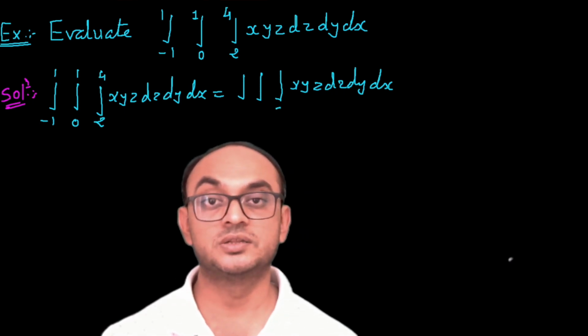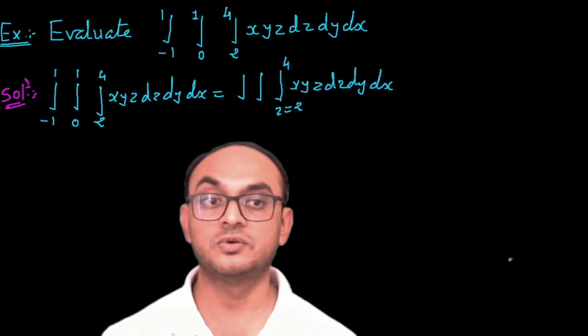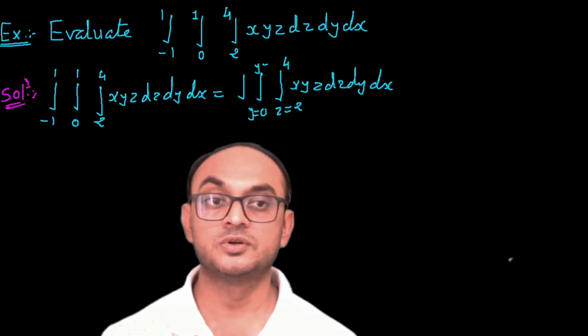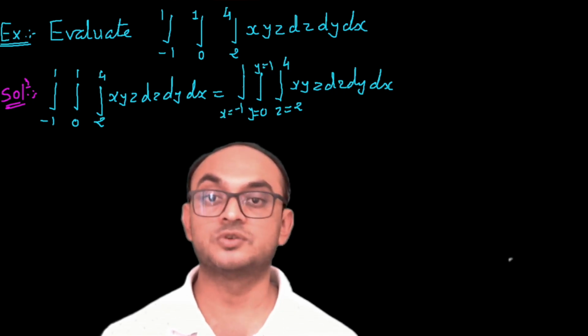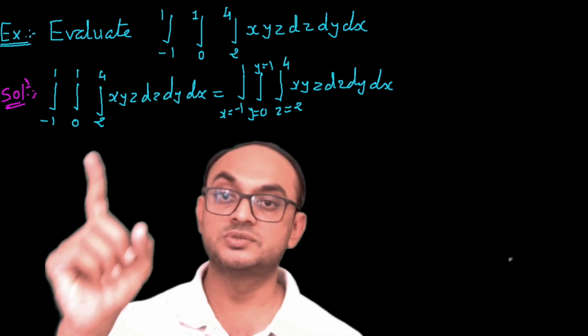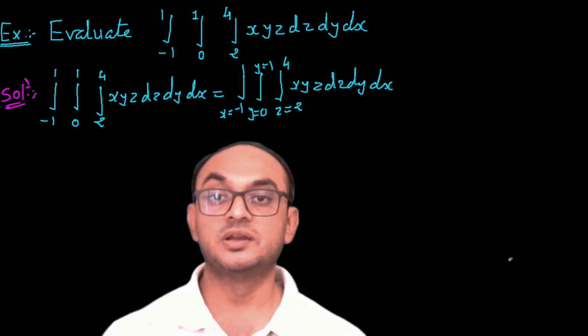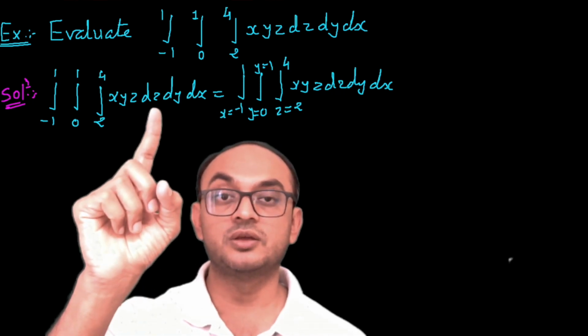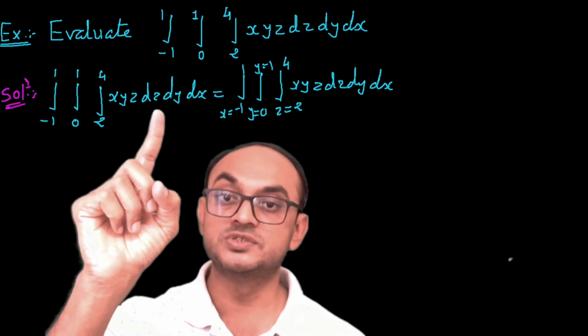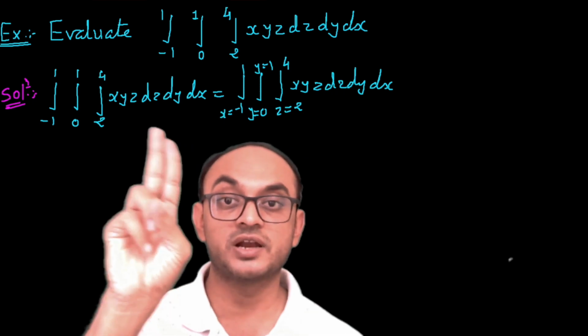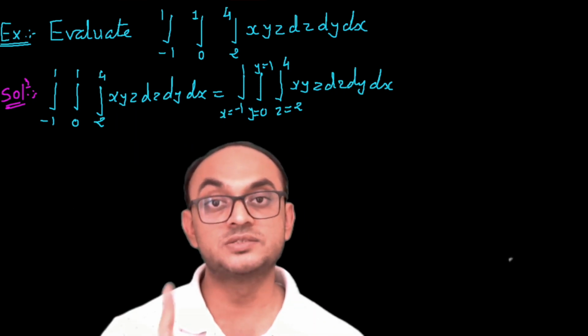So here these are for z, z is equal to 2 to 4. The middle one is for y, y is equal to 0 to 1, and the outer limit is x equal to -1 to 1, because inner is z, middle is y, and outer is x. Now first I integrate the quantity with respect to z. When I integrate with respect to z, x and y are assumed as constants.